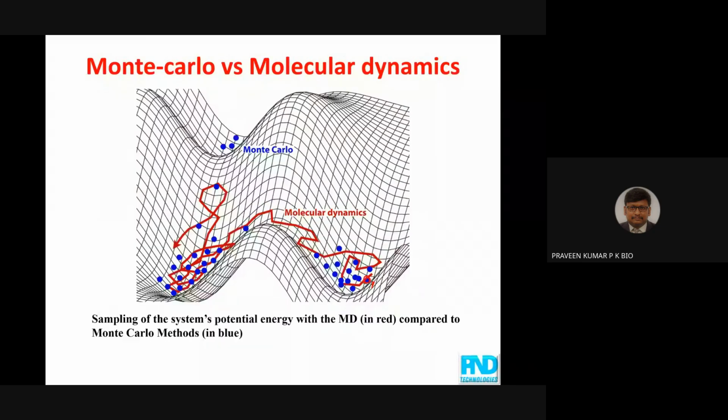But this atom can be atom number 12. The atom 12 can come closer to the atom 1. How is it possible? Only through folding. Whatever surface we can see, this surface is going to determine the protein folding characteristics.